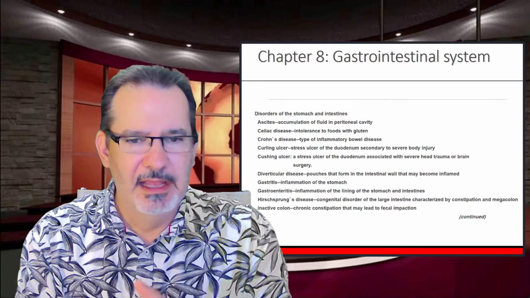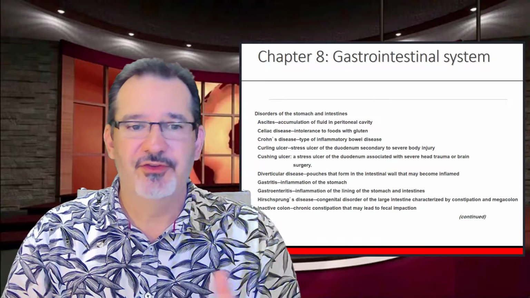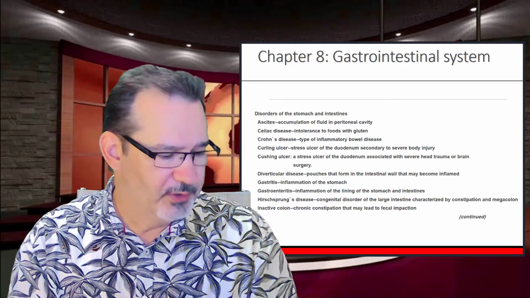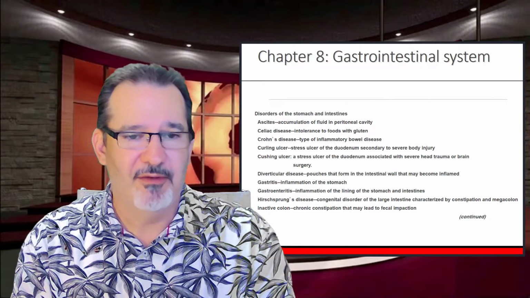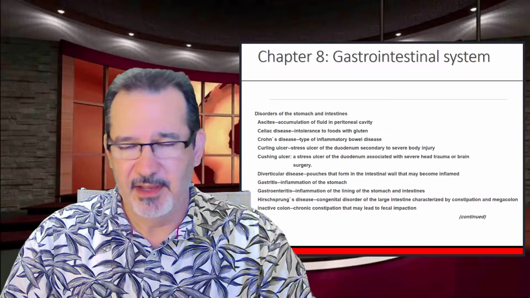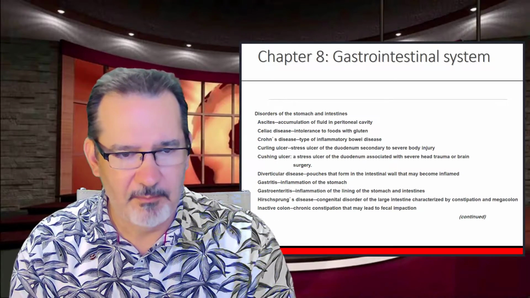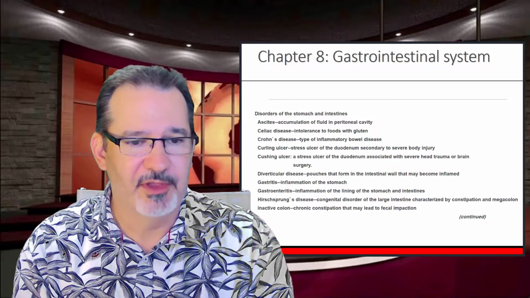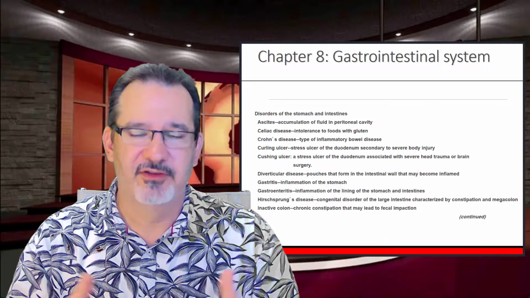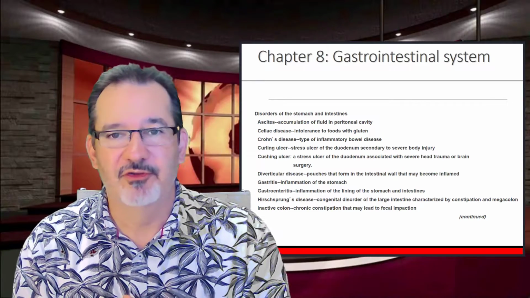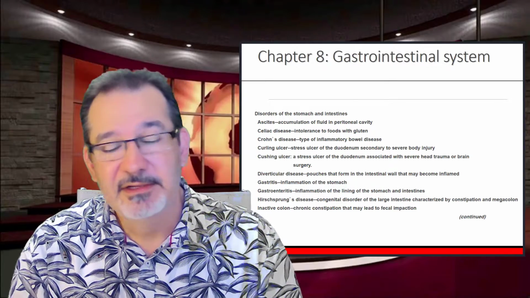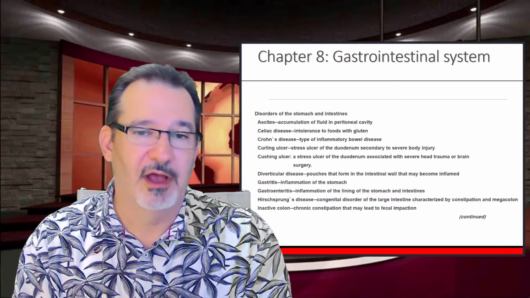Okay. Let's see, ascites is very common, accumulation of fluid in the peritoneal cavity. We do see that one fairly frequently, and would have to release that fluid maybe through some kind of a shunt or something. Celiac disease and intolerance to gluten, which has become much more prevalent over the recent years.